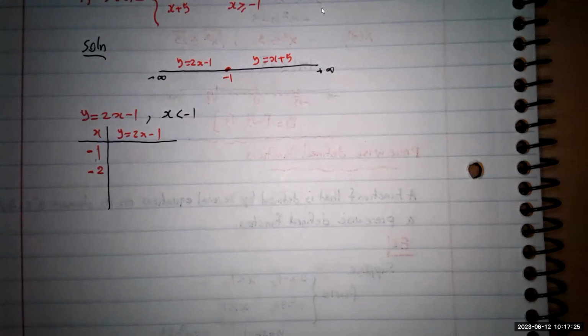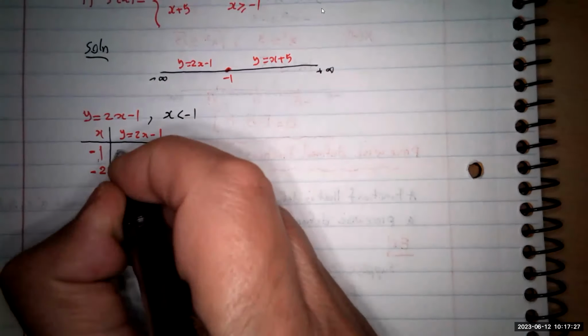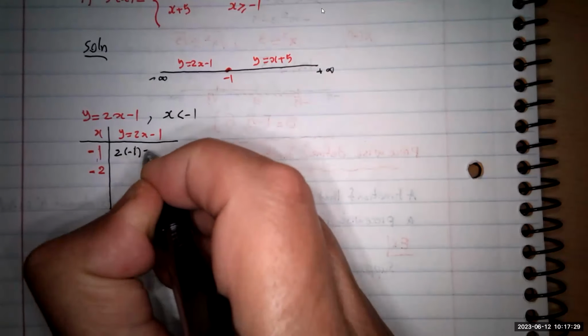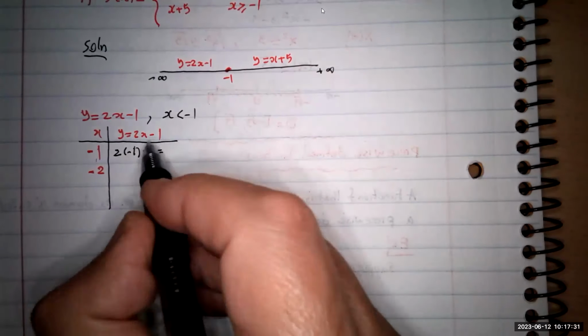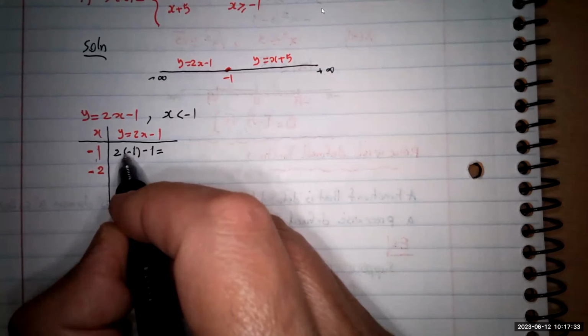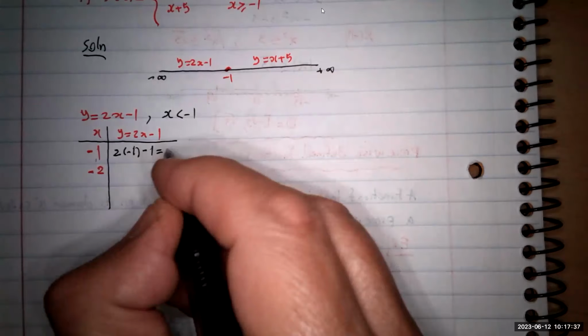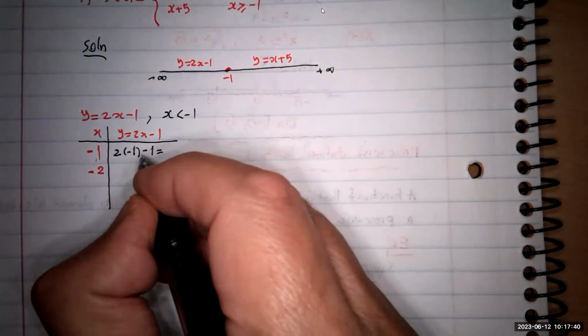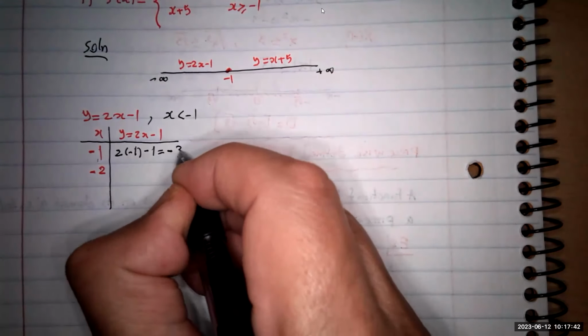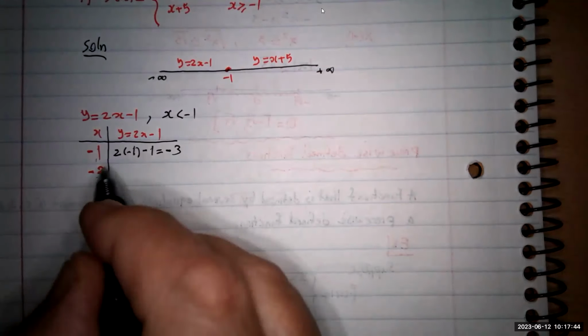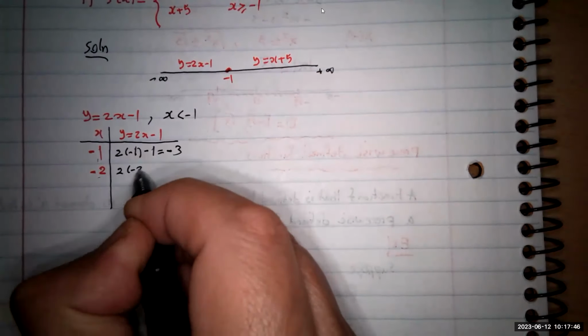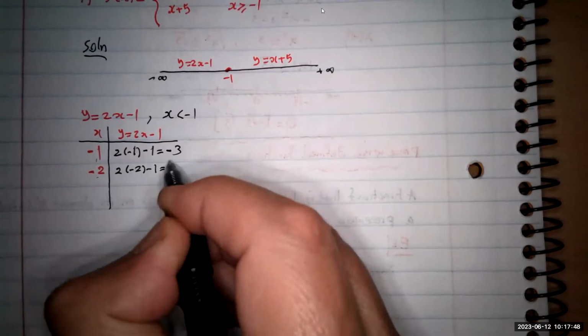If you put -1 here, that gives you 2 times -1 minus 1, which is -2 minus 1, -3. And if you put -2 here, that gives you 2 times -2 minus 1, which is -5.